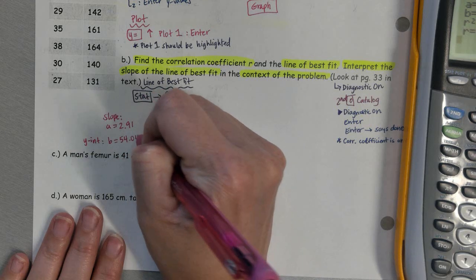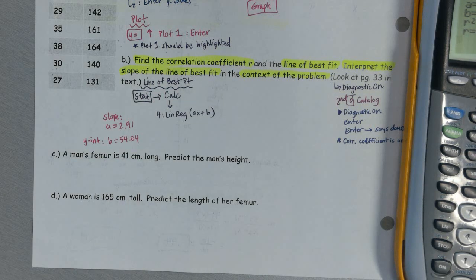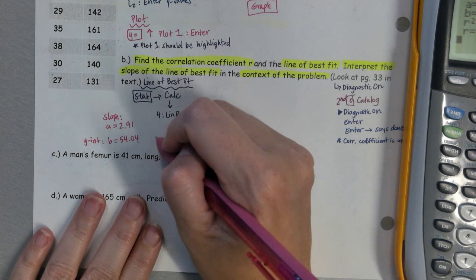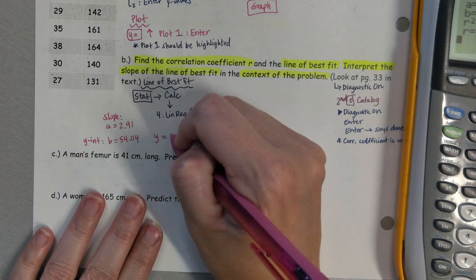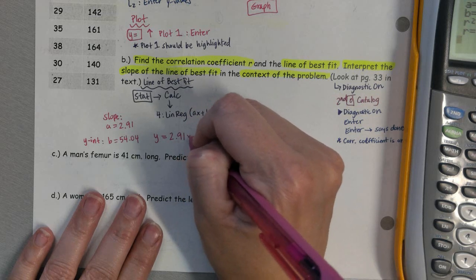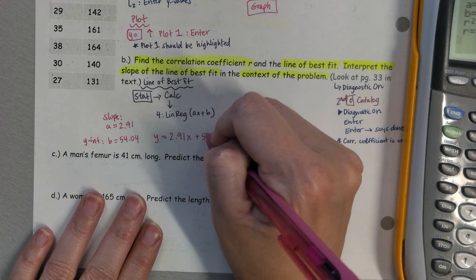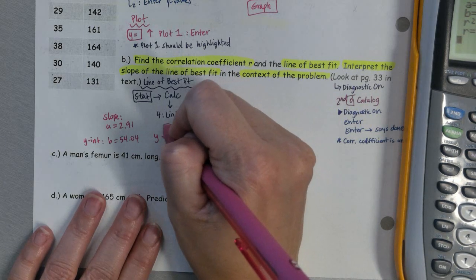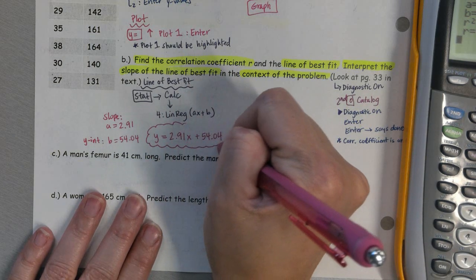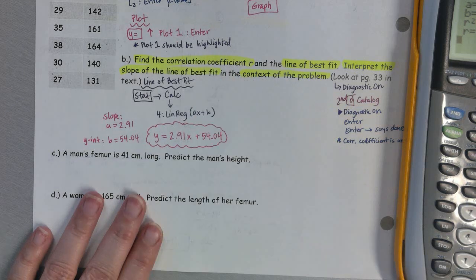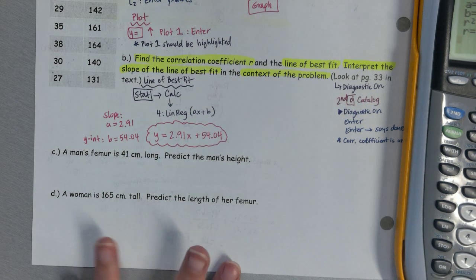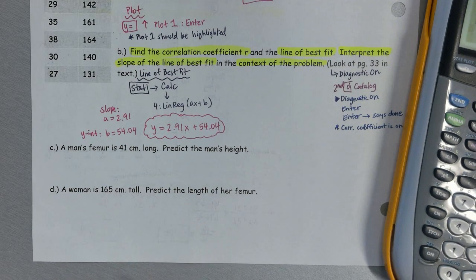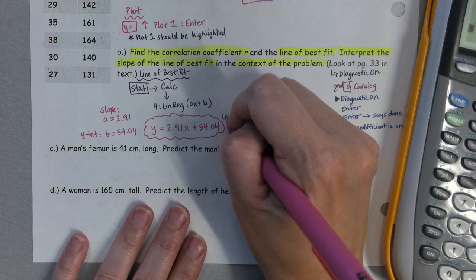That makes your line of best fit y equals 2.91x plus 54.04. My slope makes sense, because if I remember back to my scatter plot, it was going up from left to right. And this is your line of best fit.